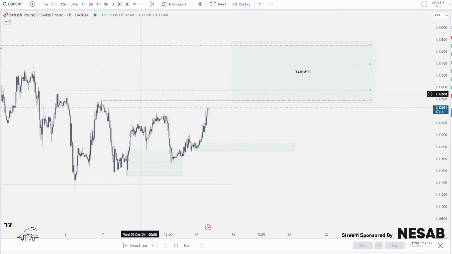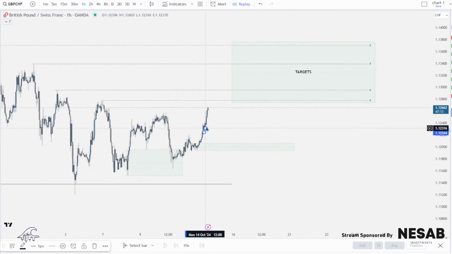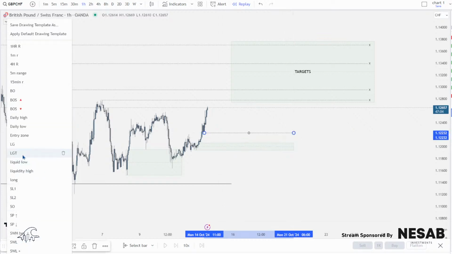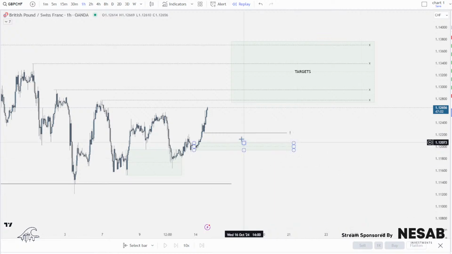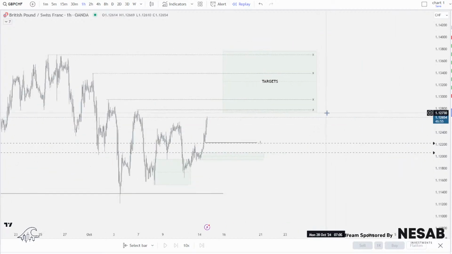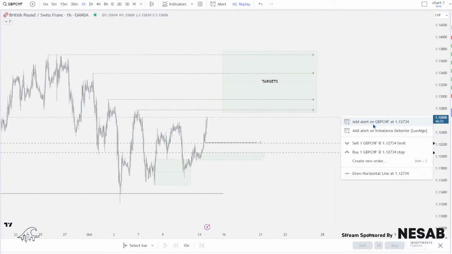So target these, look towards here, and look towards here. So I'm just going to put an alert on this. I don't trade this pair. Spreads are terrible on this. And then we've got targets here.